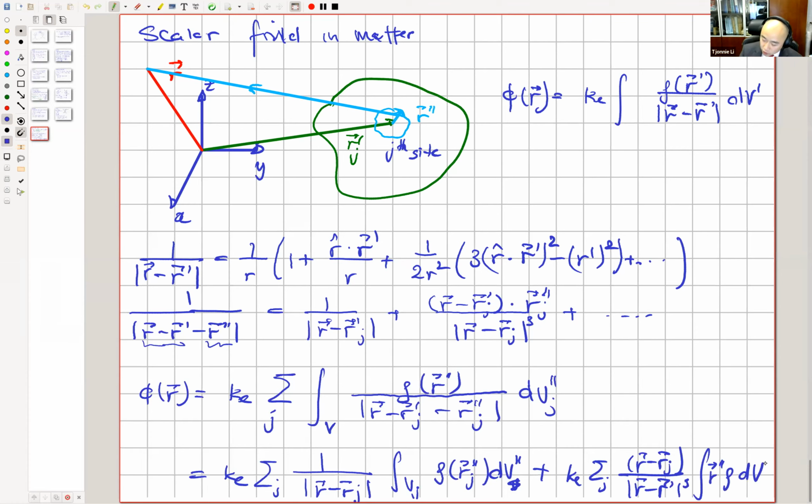So these are the first two terms. Here I've got rho double prime. So if I multiply this and rewrite it in this form, I've got this rho double prime and just the term with rho. This is actually exactly the same thing as we've done before with the multipole expansion. This is nothing different except that I've relabeled some of this stuff.